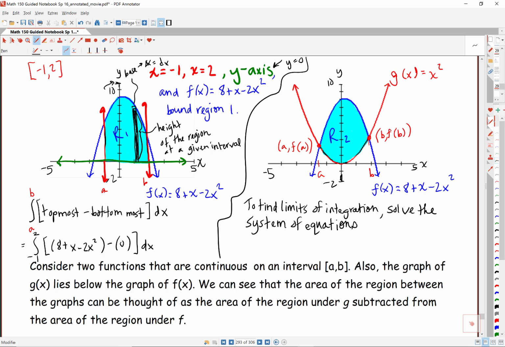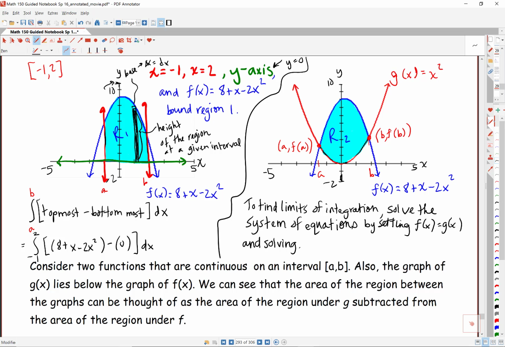So here, you basically are going to set f of x equal to g of x and solve. Then you do the same thing, right? You do your topmost graph minus your bottommost graph. Then you'd get your limits of integration, and you'd go from there.